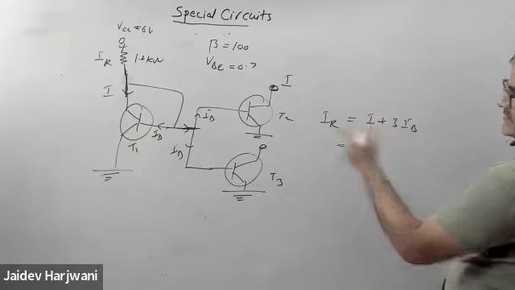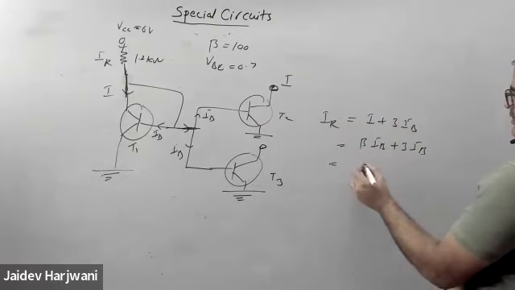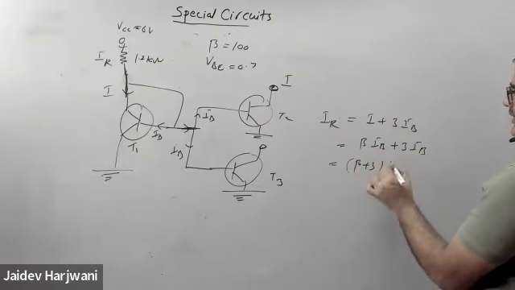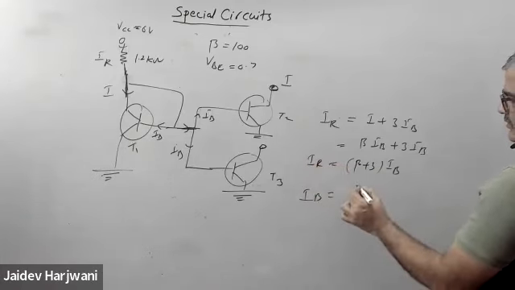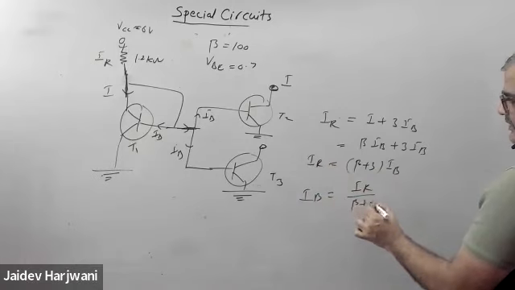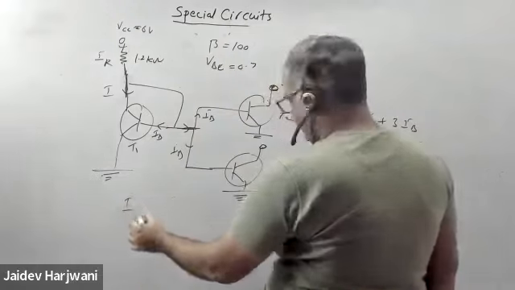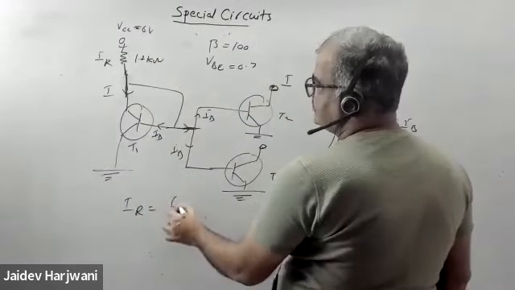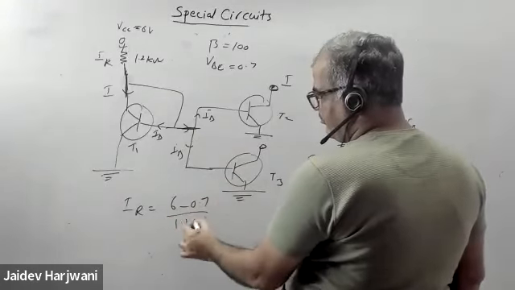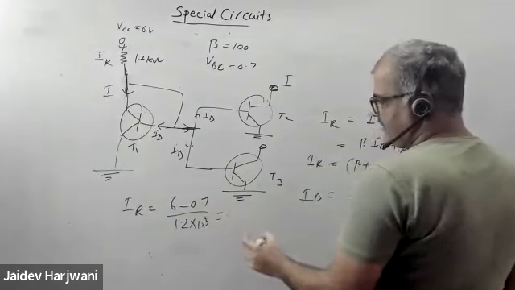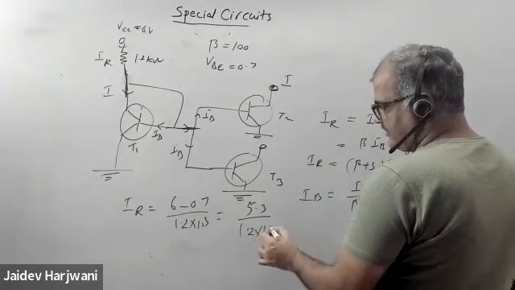And you know I is beta IB plus 3 IB, so IR becomes beta plus 3 times IB. So you can find IB equals IR upon beta plus 3. IR you can calculate from this formula. How much will IR be? VCC 6 minus 0.7 upon 1.2 kilo ohm. 6 minus 0.7 is 5.3, upon 1.2 into 10 raised to power 3.